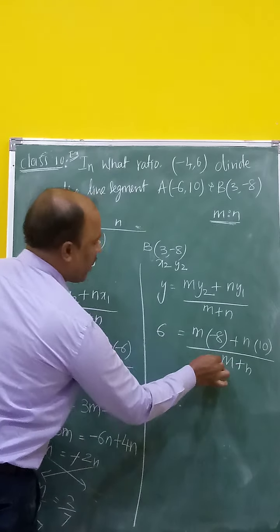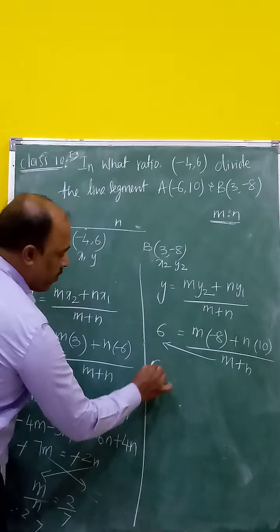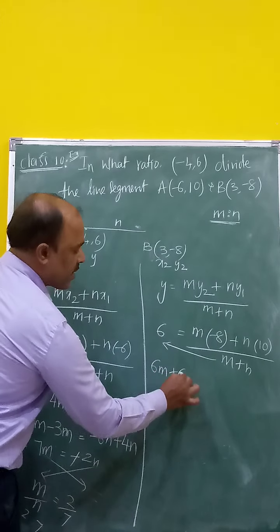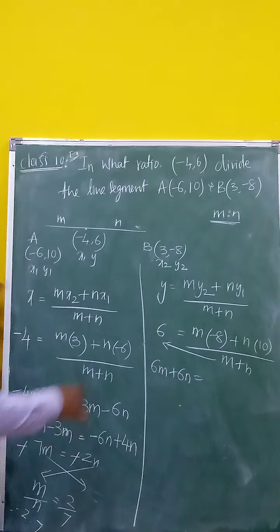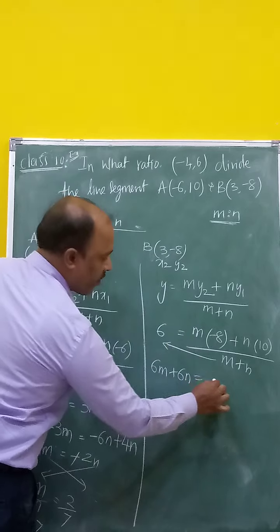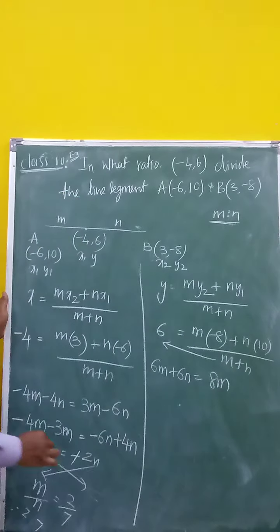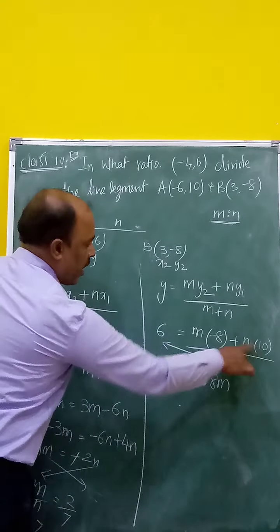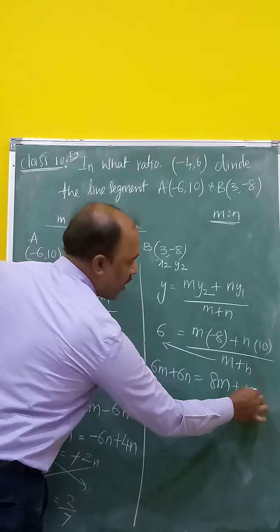Cross multiply again here: 6m plus 6n is equal to minus 8 into m, it's minus 8m. Next 10 into n, 10n.